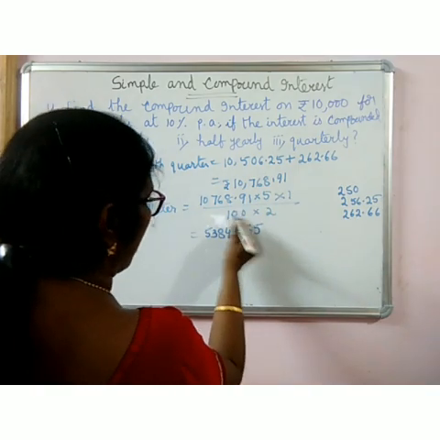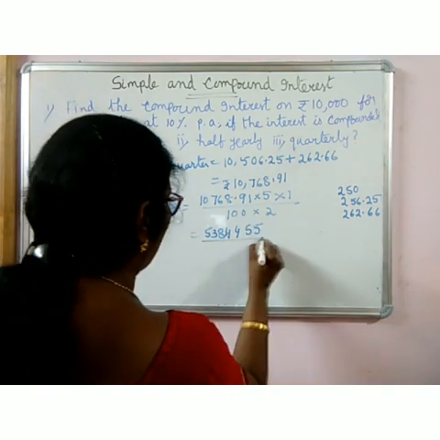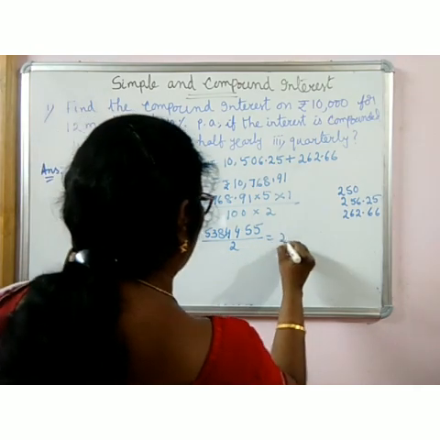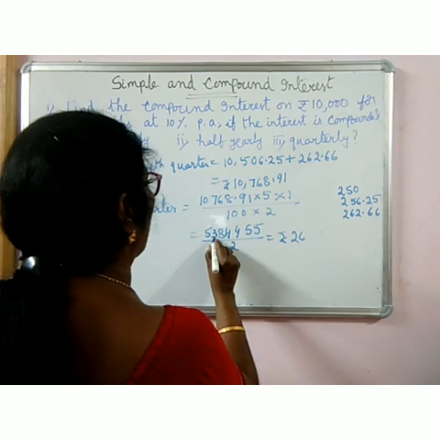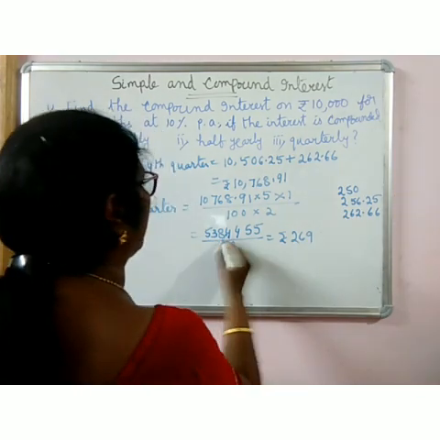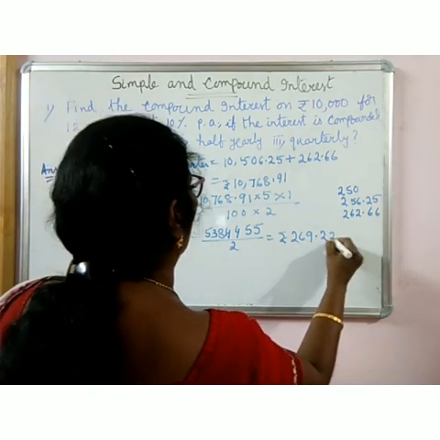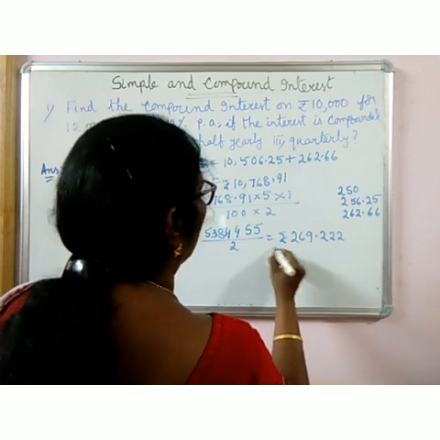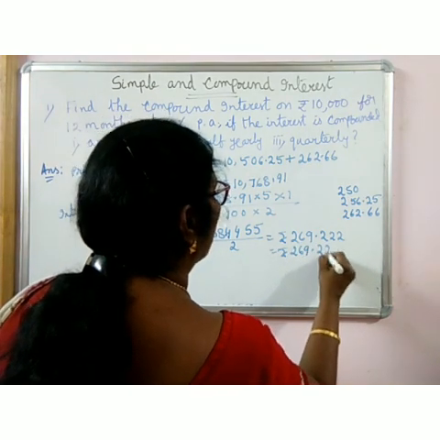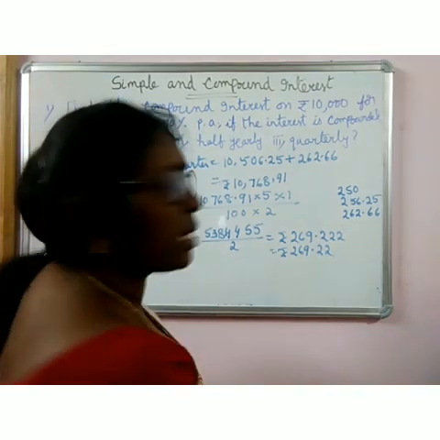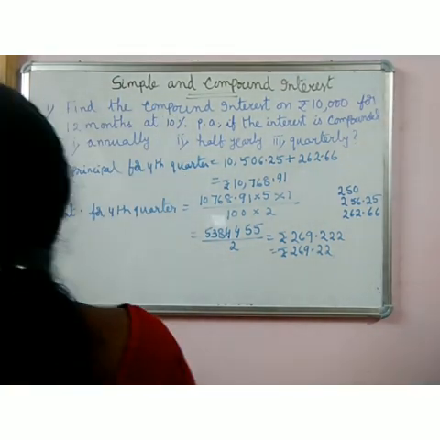Here 2 places by 100, after 4 places by 2. That means 2 2s are 4, 2 6s are 12, 2 9s are 18, 0.2222 and so on. So you are going to get 269.22 rupees as the interest for the fourth quarter.